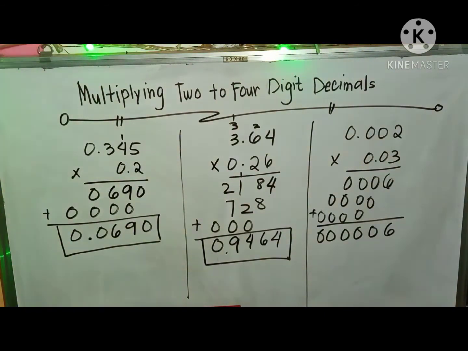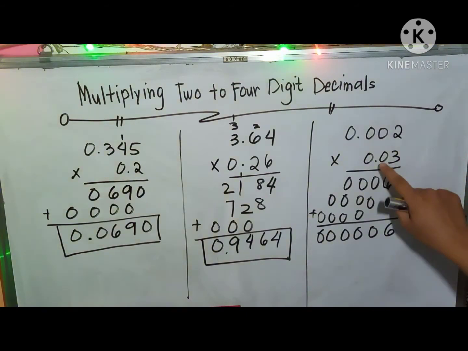Okay po, so itong mga 0 na ito before the number na 6, yan po ay mahalaga, so hindi natin yan pwedeng burahin. Ang pwede lang natin burahin ay yung trailing zeros kagaya nito. But in this case, stay lang natin siya dyan dahil kasama naman siya sa ating final product. Now, the next step that we are going to do is to count the number of decimal places.